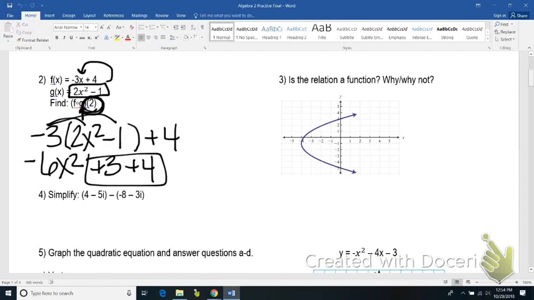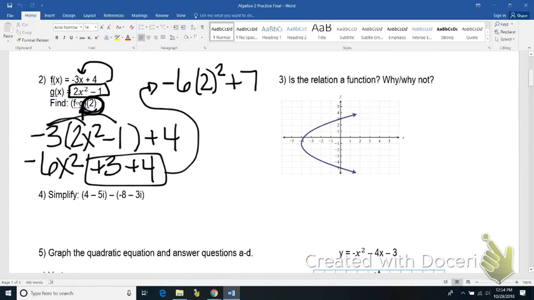They want you to now plug in the number 2 wherever you see the letter x. So I would take negative 6 times 2 squared plus 7. So that's just the 3 and the 4 combined. Is everyone okay?